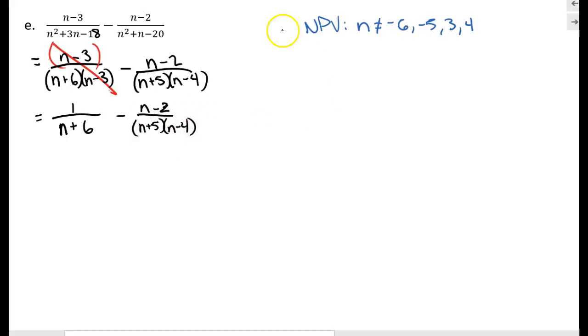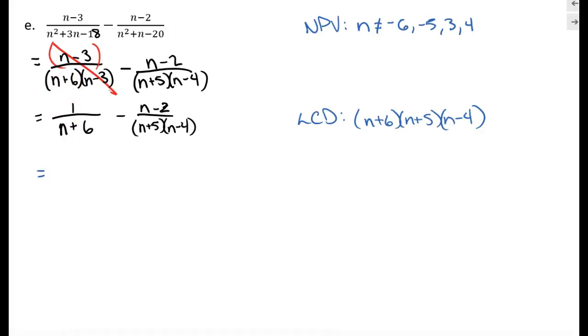Okay, so now I can talk about lowest common denominator. And in this case, it's going to be n plus 6, n plus 5, n minus 4. So I'm going to take my first expression and I'm going to multiply it by not only n plus 5, but also n minus 4, because both of those pieces are currently missing.